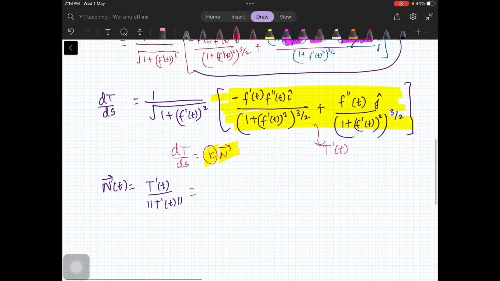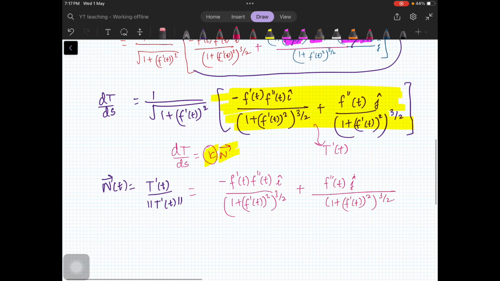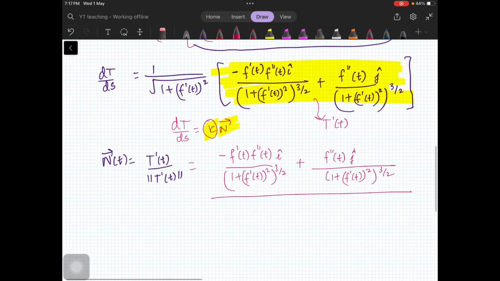So, we will just write it like this, minus f prime t f double prime t i cap divided by 1 plus f prime t square raised to power 3 by 2, plus f double prime t j cap divided by 1 plus f prime t square raised to power 3 by 2, divided by their modulus. For the modulus we have to do i component square plus j component square.